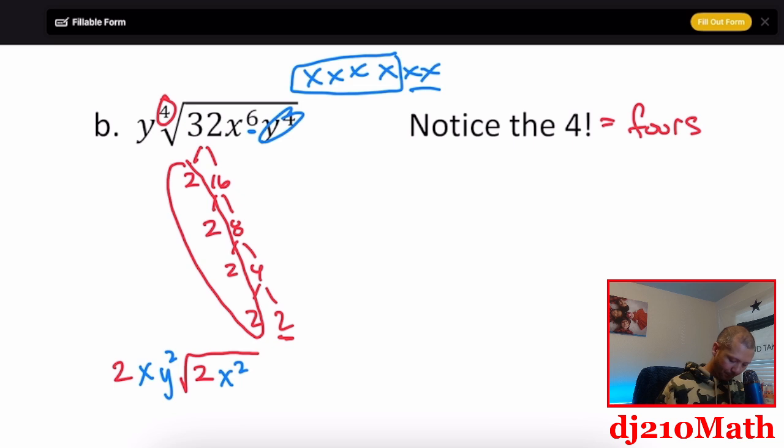Uh-oh, I'm going to move this over. The reason I'm moving that over is because we have to remember we have to put a 4 right there because there was a fourth root. Fourth root. So you have to be complete.